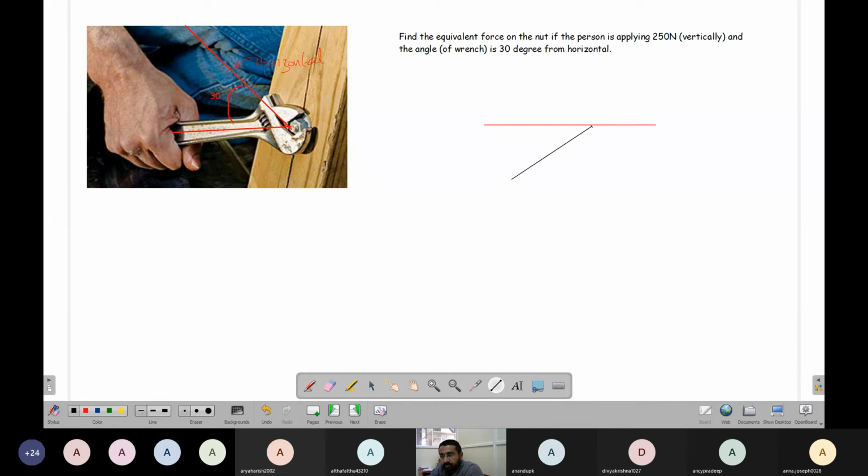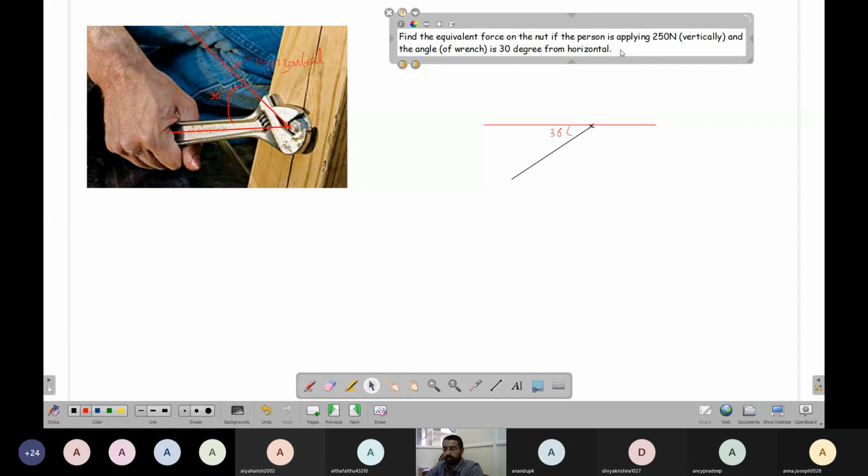So the nut is here. The wrench is making an angle of 30 degrees with the horizontal. I think they have not given the length of the wrench, so I'll give that also. Assume the length of the wrench is 50 centimeters.